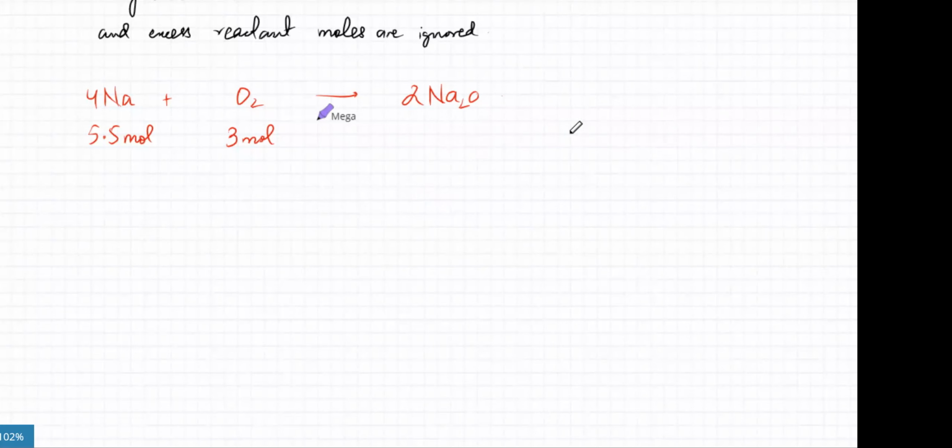The shortcut is कि आप 5.5 को पकड़ो, and what you do is you divide it by its ratio, which is 4. अच्छा, दूसरे के moles कितने हैं? 3 moles है.